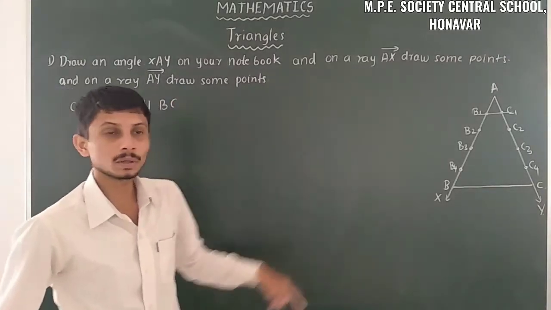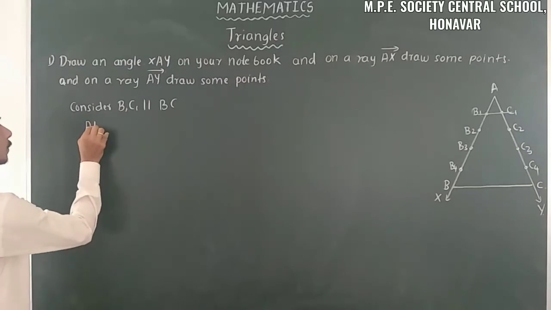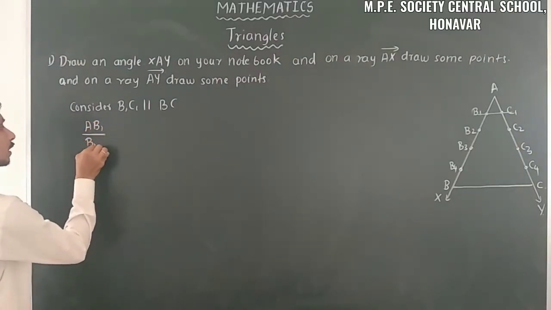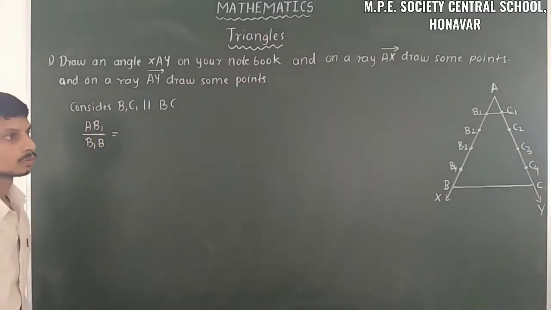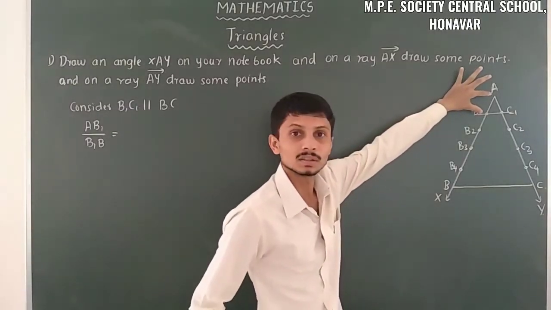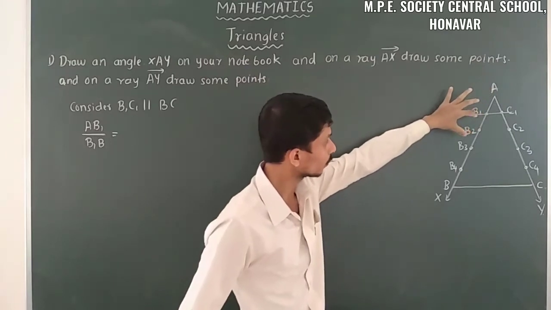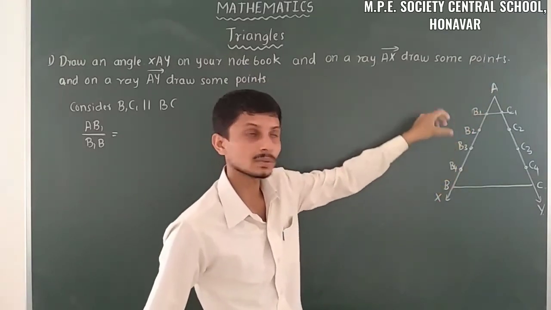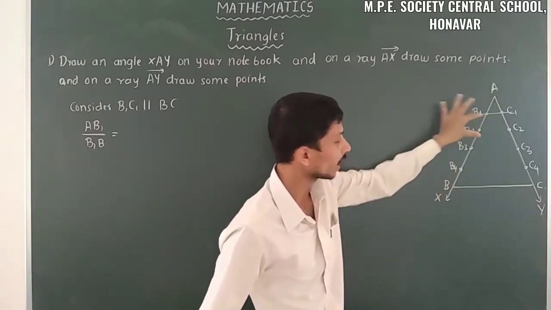AB1 by B1B is equal to, here it is one unit distance, and here there are 4 unit distances. So we have to take 1 by 4.